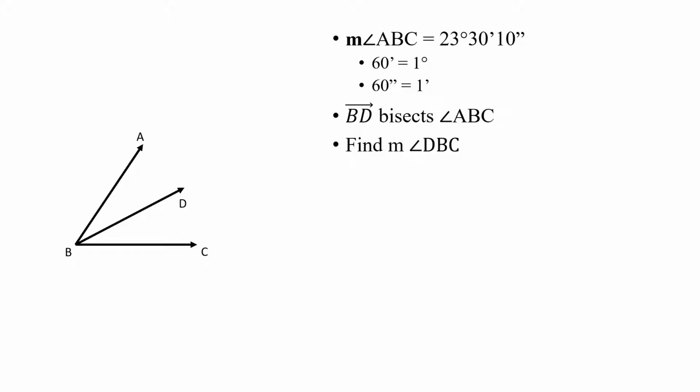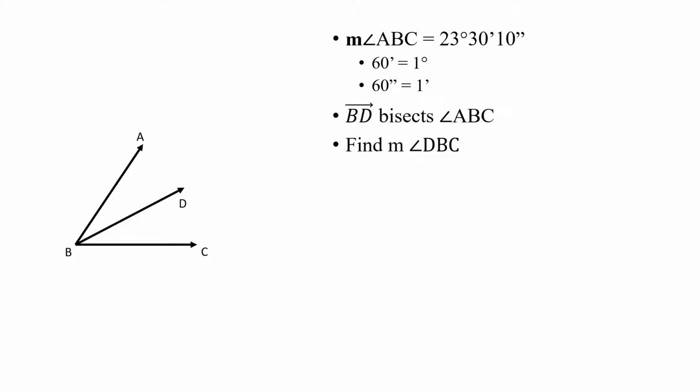All right, so let's do a problem. In this last problem, we're given angle ABC. We're told that it's equal to 23 degrees, 30 minutes, and 10 seconds. Now recall that each degree is equal to 60 minutes and each minute is equal to 60 seconds.